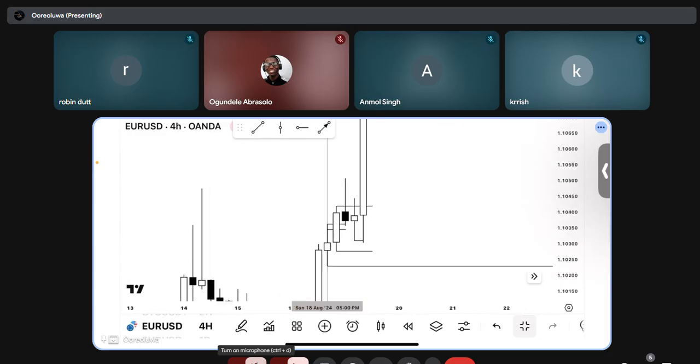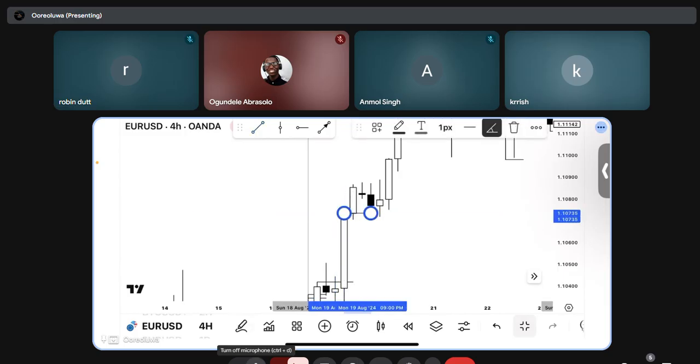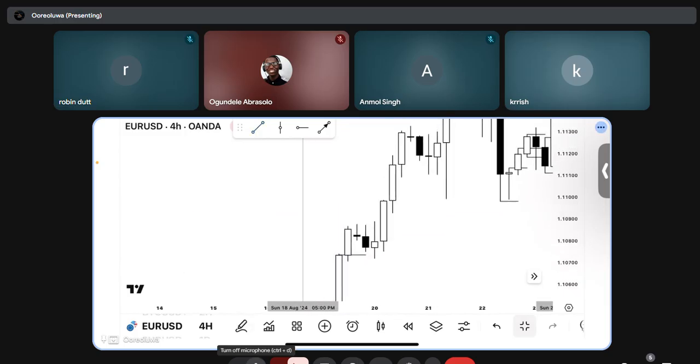Then we close above. This is the candle we are interested in, not this one that we wicked. We didn't close below, so we must close above. All right. So close above. We close above this one. This is our next candle. So we wicked above it, right?